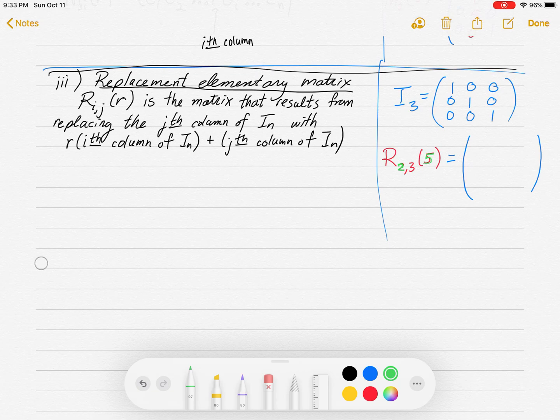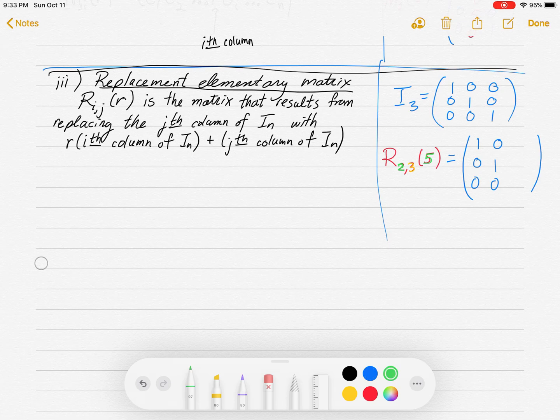So according to the definition, we're starting off with the identity, and we're going to multiply the second column by 5, and then add that to the third column and update the third column.